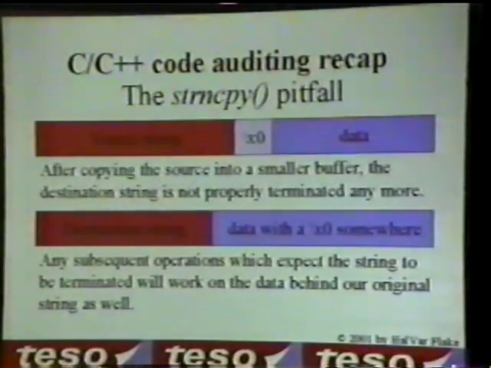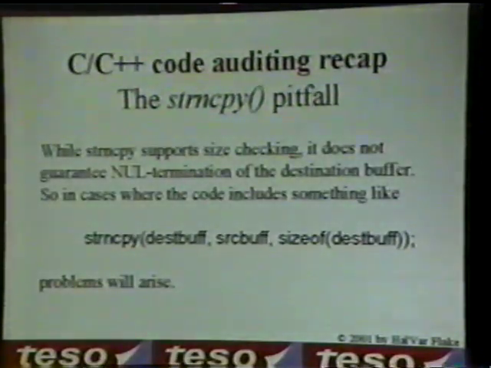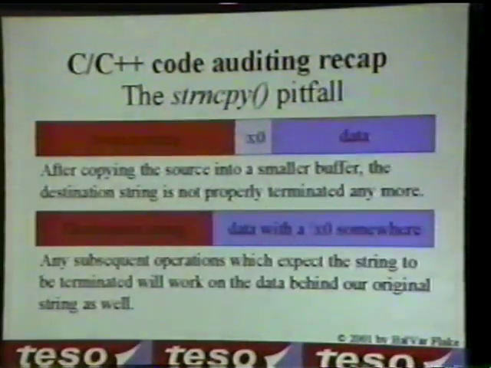So if we're copying a large string into a smaller buffer, and we're using the code we had on the slide before, with size of destination buffer, then our string will not be null terminated. And any subsequent operations on this string will operate on the data behind our original string as well.